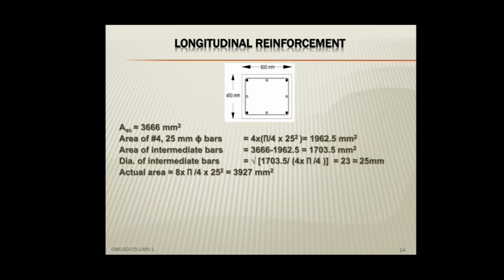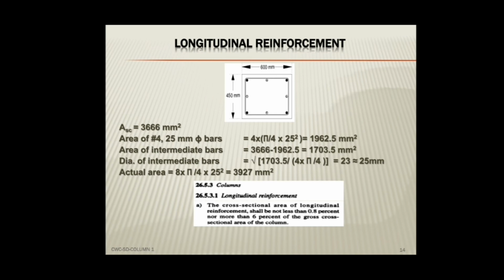Now we have 8 numbers of 25 mm diameter bars as longitudinal reinforcement in our column, that is 4 corner bars and 4 intermediate bars, all of 25 mm diameter. So the actual area will be 8 into pi by 4 into 25 square, which gives 3927 mm square. So now we got the actual area.